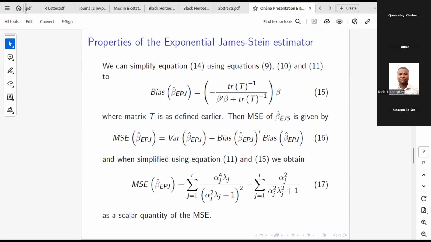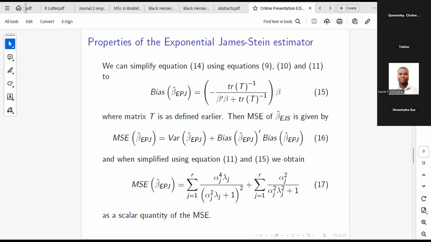Now, if we look at equation 14, we can easily simplify it using equations 9, 10, and 11 to have what is shown in equation 15, which simplifies to the negative of the trace of the inverse of T, meaning we are getting the sum of the diagonal elements of T.